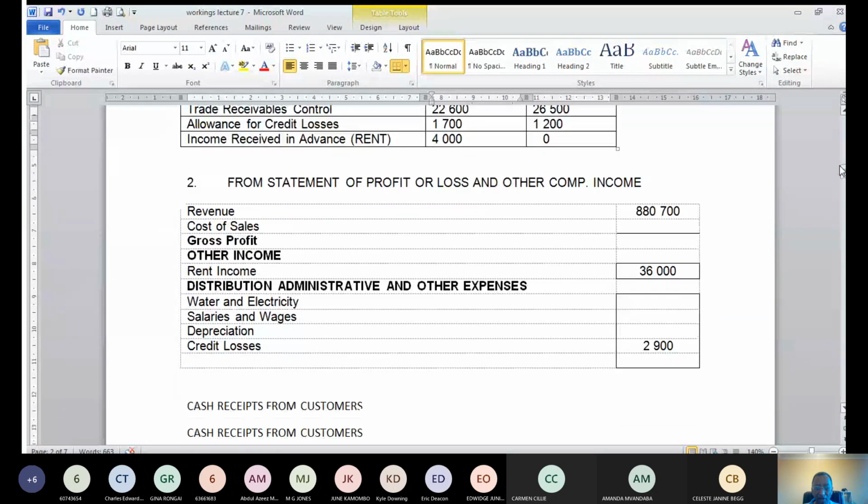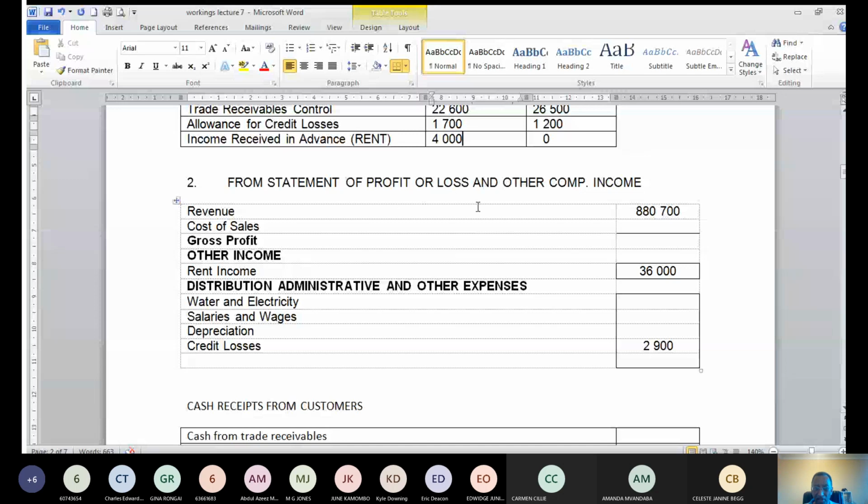In your statement of profit and loss and other comprehensive income, the revenue for the year is 880,700. I've got rental income of 36,000, and for the year my credit losses amount to 2,900.